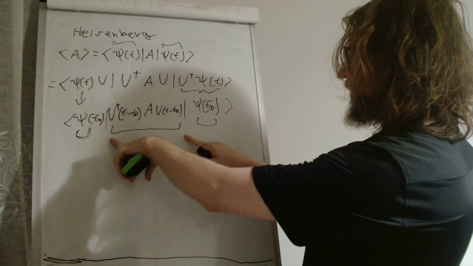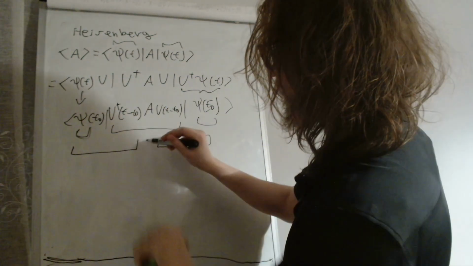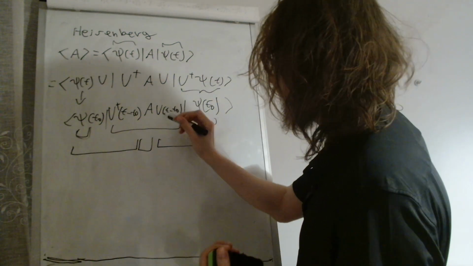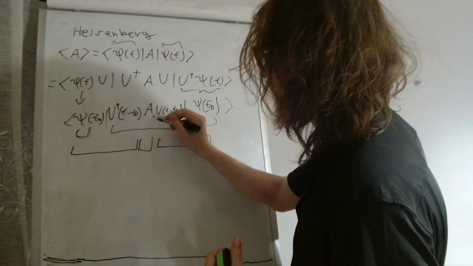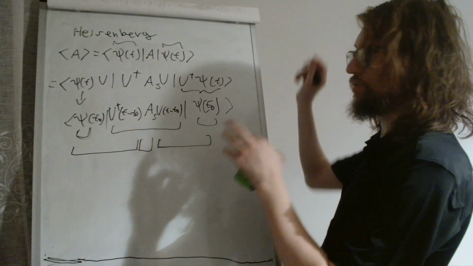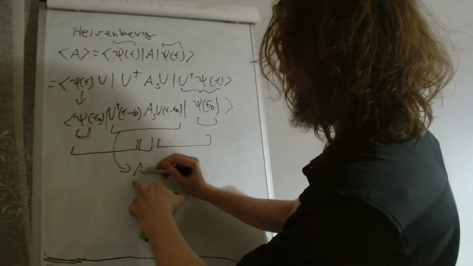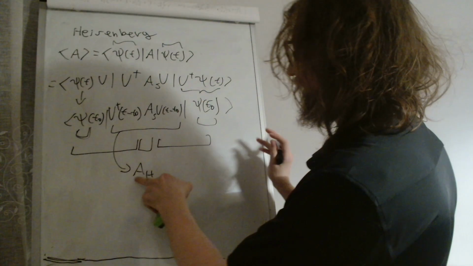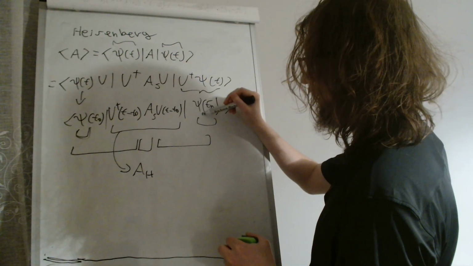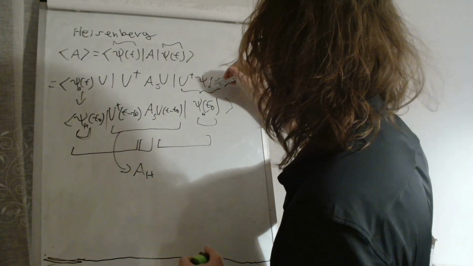In the Schrödinger picture, these are the states and this is the observable. To distinguish the observable, I will write A_S for A written in the Schrödinger picture, and all this will be A in the Heisenberg picture. So this will be psi_H and this will be psi_S.